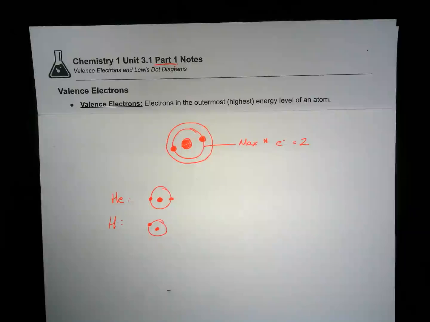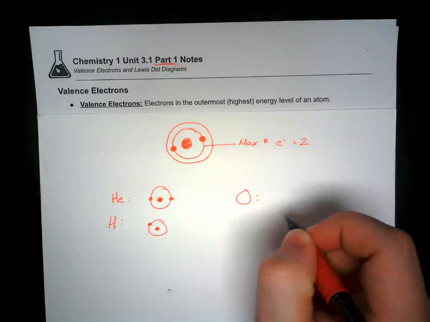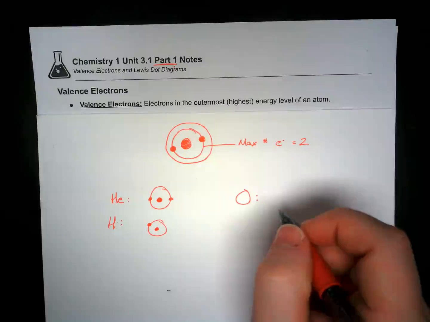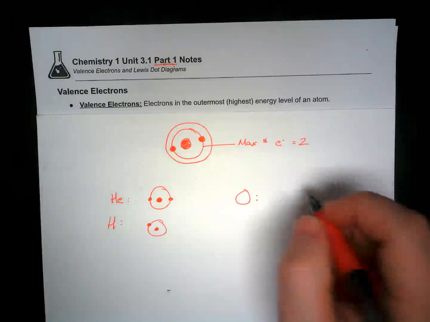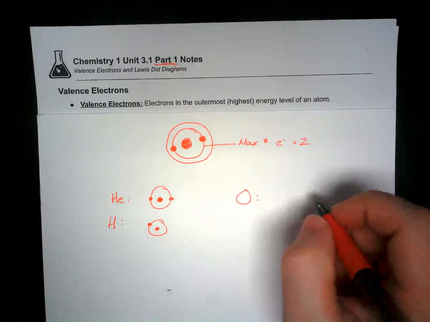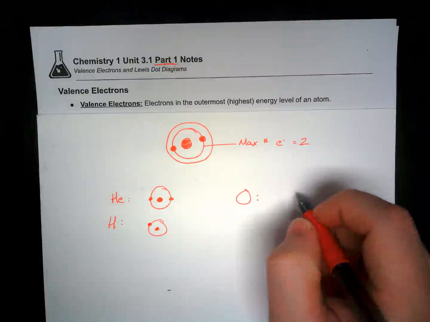But as another example, skipping ahead just a smidgen, let's look at oxygen. Now, you don't know this yet, but I know this. Oxygen is going to have not 4, oh my goodness, my bad. It will have 6 valence electrons. Now, how do I know that?